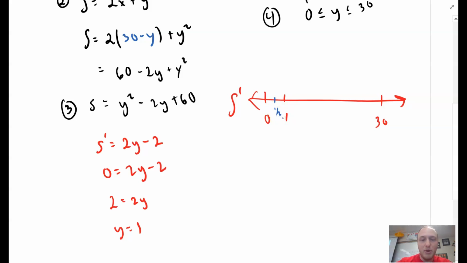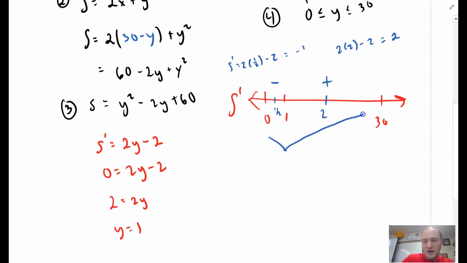If I plug 1/2 into 2y minus 2, which is s prime, this gives me 1 minus 2, which is -1. So this is negative. Over here, I'll pick a nice solid number like 2. That gives us 2 times 2, my favorite number, 4 minus 2, which is 2. Hey, it's positive. So our function is decreasing from 0 to 1, and then increasing from 1 to 30.